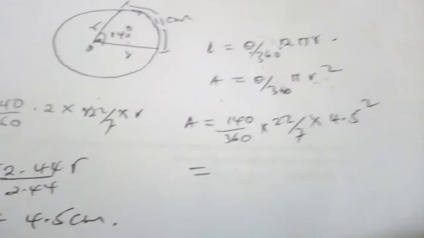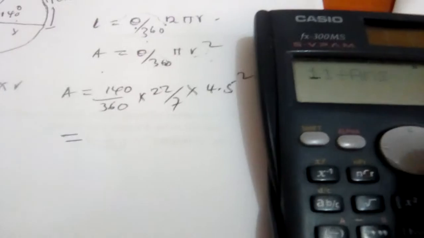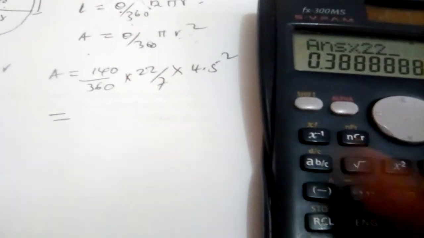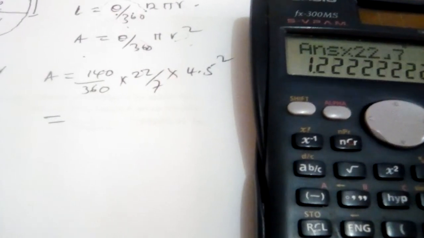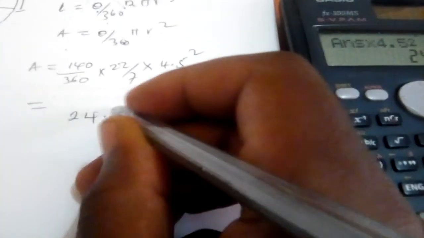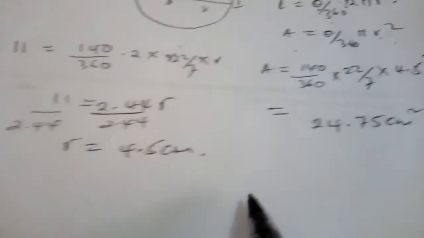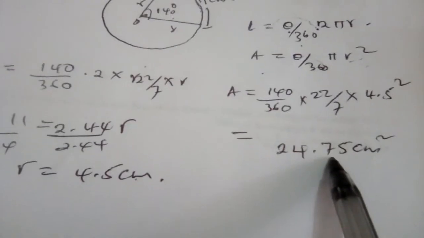If we put this information on our calculator, we have 140 divided by 360 times 22 over 7 times 4.5 squared, we will get the area as 24.75 centimeter square. So you notice that the radius is in centimeters and the area is in centimeter square, right?